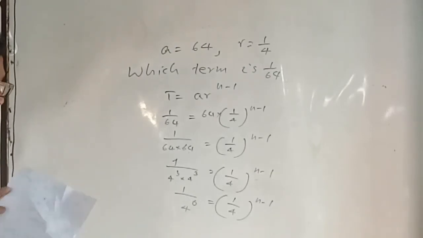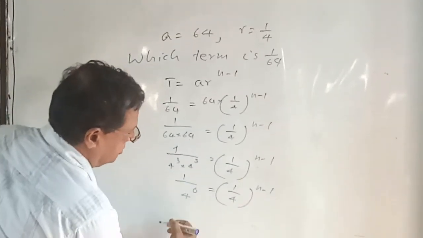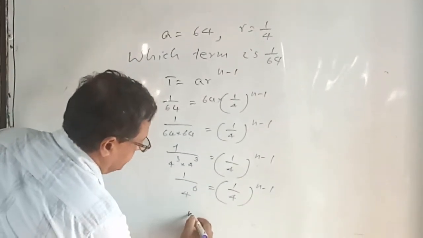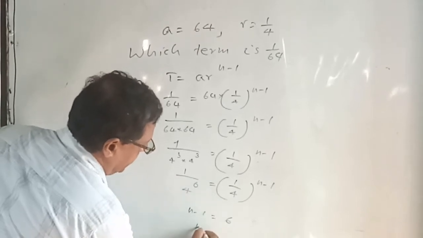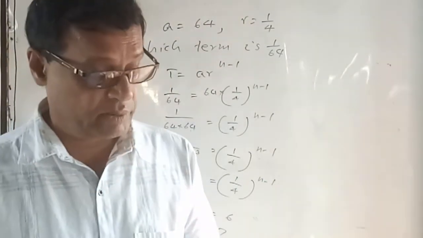Then you can say n minus 1 equals 6. Therefore n equals 7.